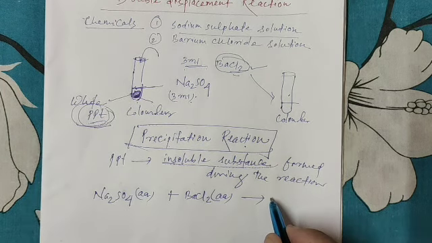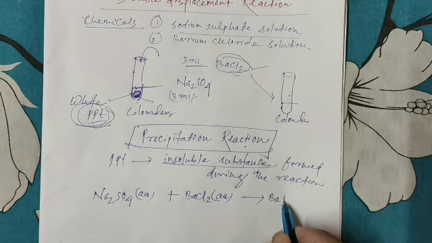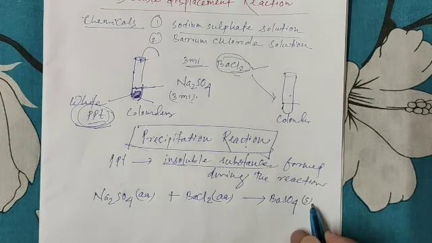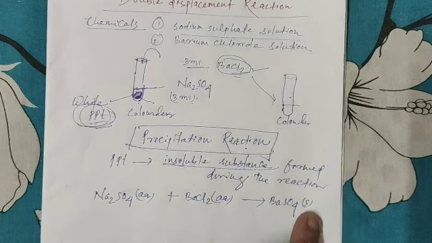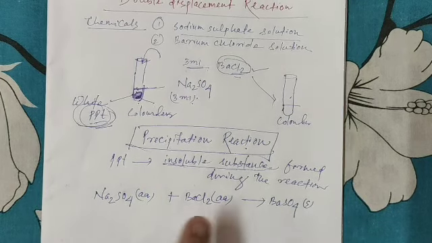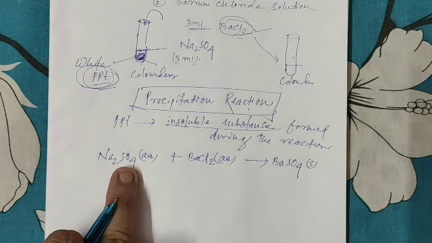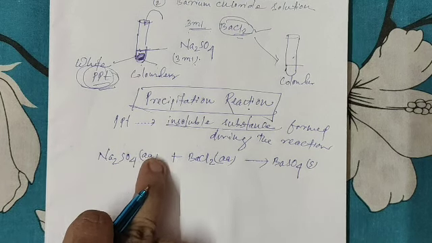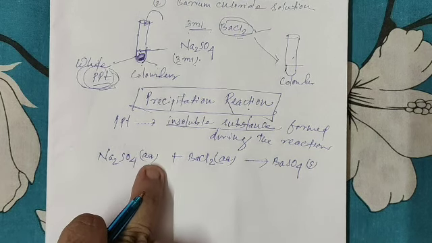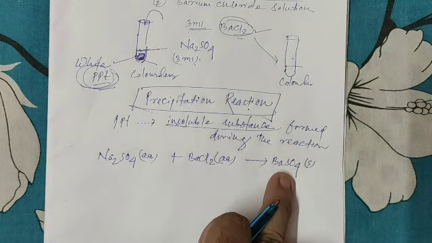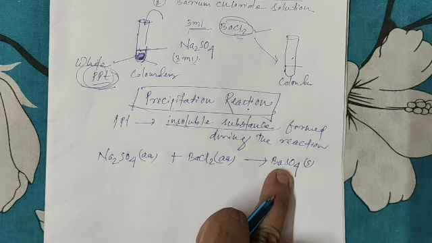So you got a white color precipitate, barium sulfate. Precipitate means insoluble, so in bracket I wrote S. S means in the form of solid.